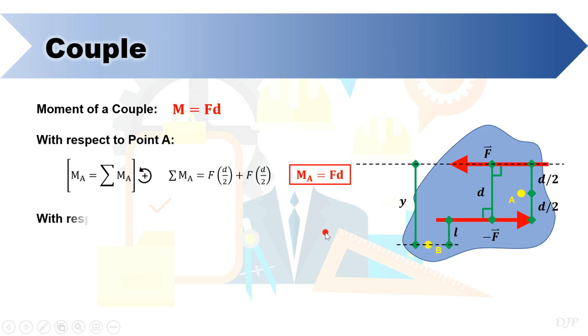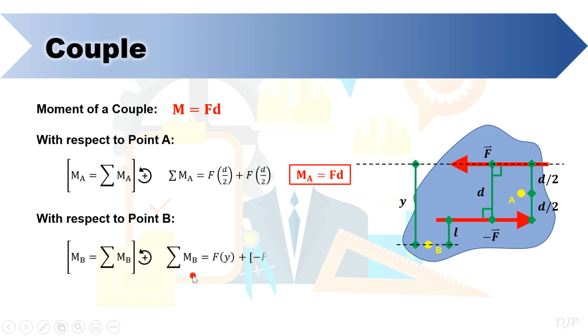By summing moments about point B, we can express the total moment as F times y plus negative F times L. If you factor out F, the total moment is equal to F times the quantity y minus L. Based on the drawing, y minus L is just equal to distance d.